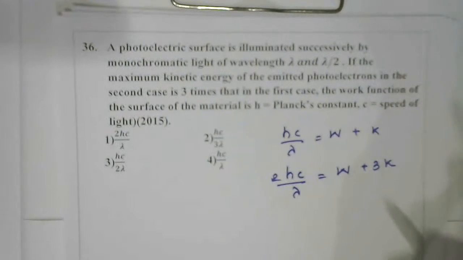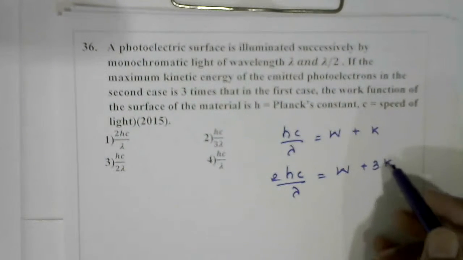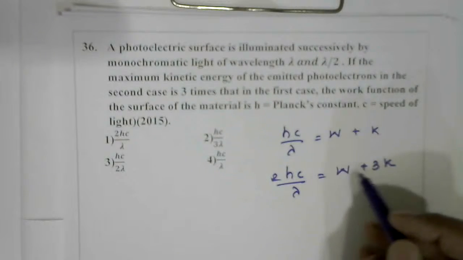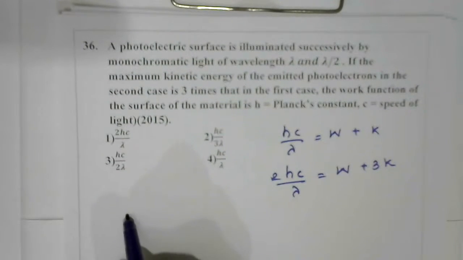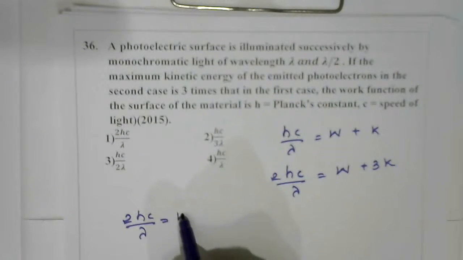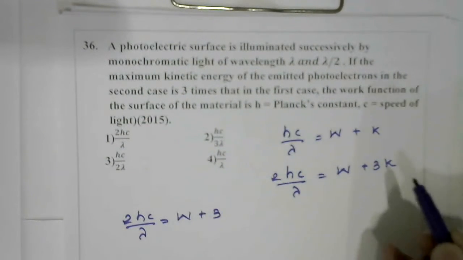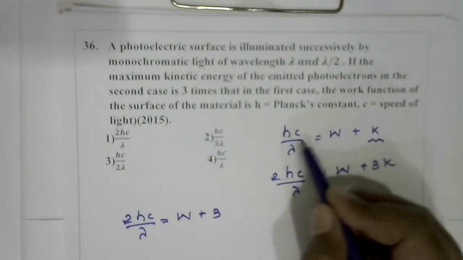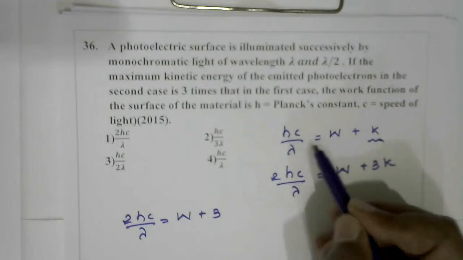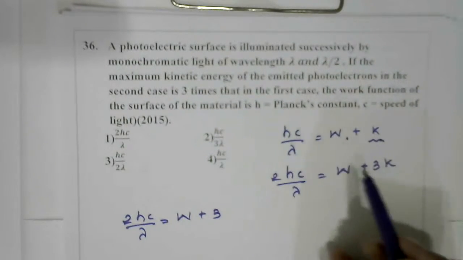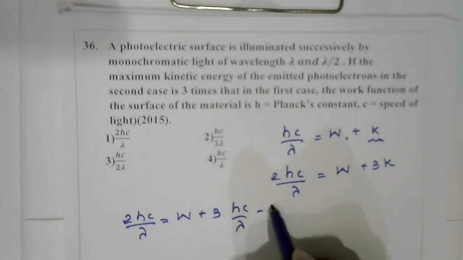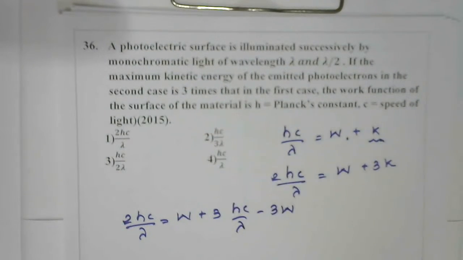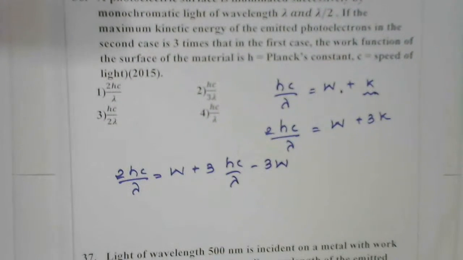So 2 hc by lambda will be equal to work function plus 3 times K, and for K I am substituting from here. K can be written as hc by lambda minus W. So into 3, it becomes hc by lambda minus 3 times the work function.